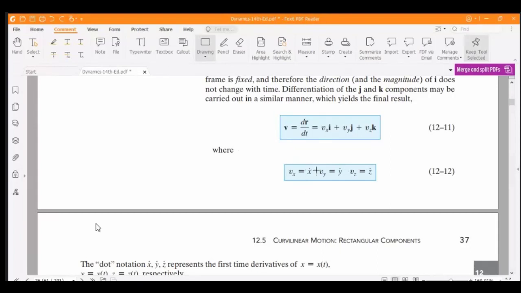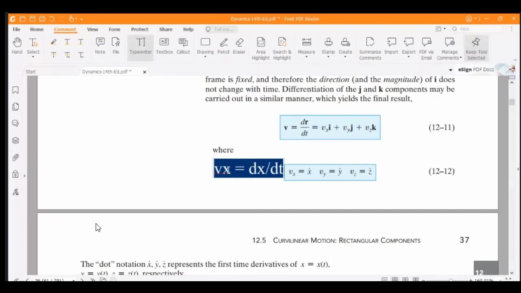if you derive it, isn't it a derivation? Because we have written Vx equals dx by dt, isn't it? Yes, sir.